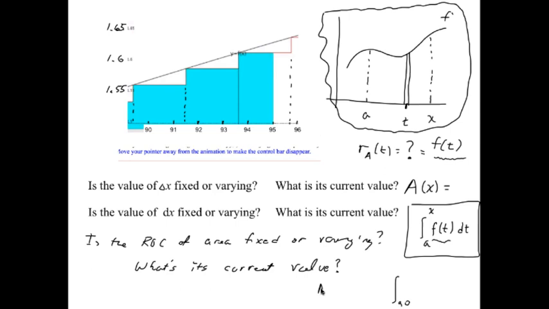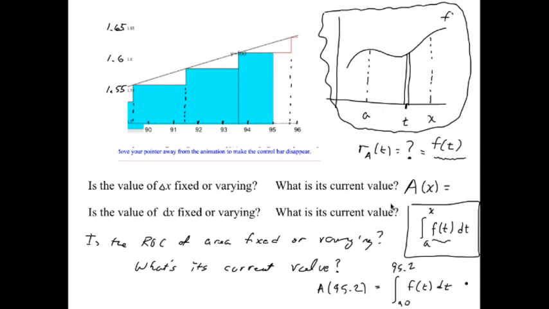So A of 95.2 equals the integral from 90 to 95.2. Now, do we plug something in for T or not? No, because T has to vary from 90 to 95.2 to accumulate the area. So T is still a value of X that's going to vary from 90 to 95.2 to accumulate all that area.